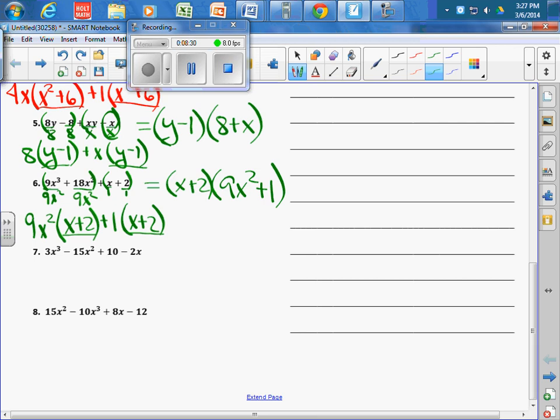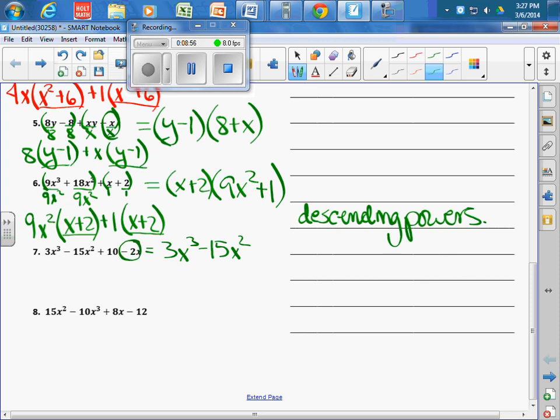Now remember, we do want descending powers when we can. The way this is written, it's not in descending powers. And this is going to be a little bit of a tricky one. I'm going to be starting with 3x to the third minus 15x squared.